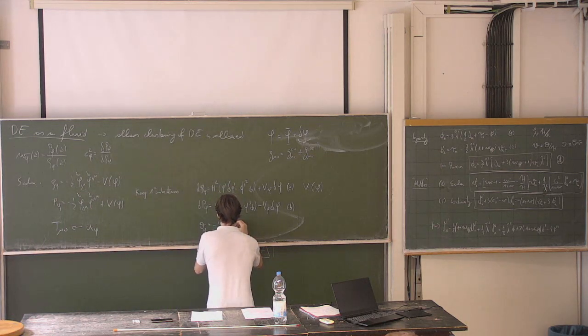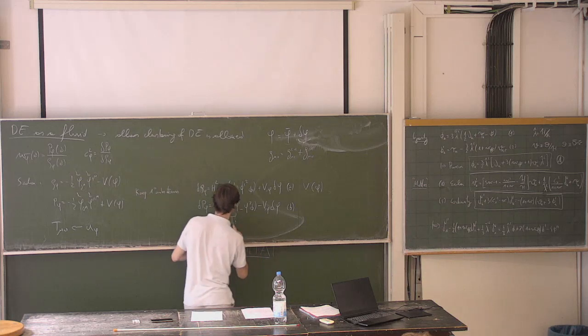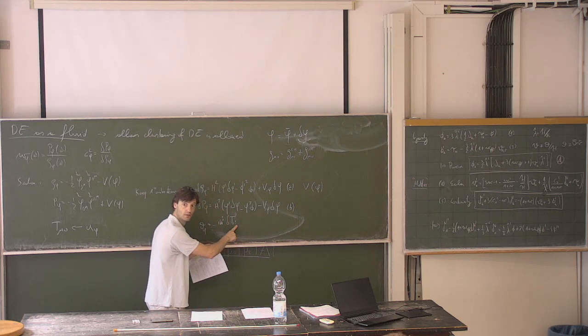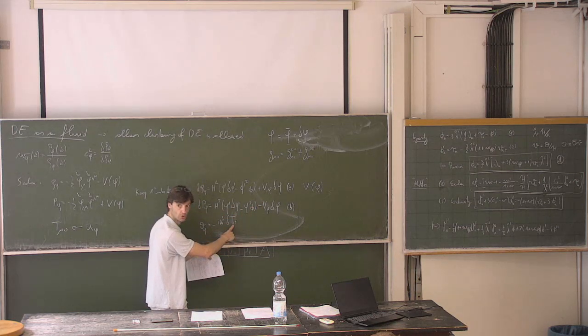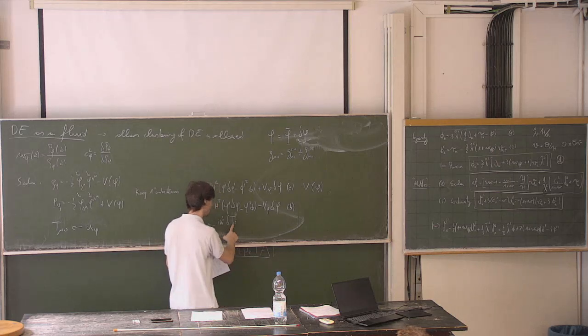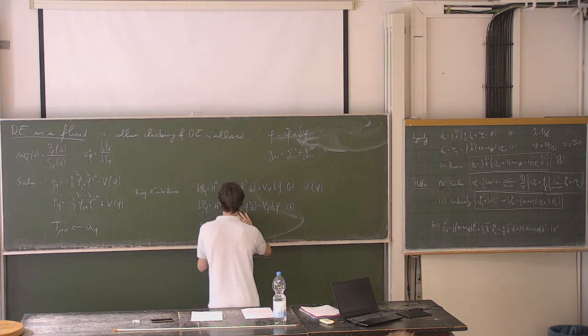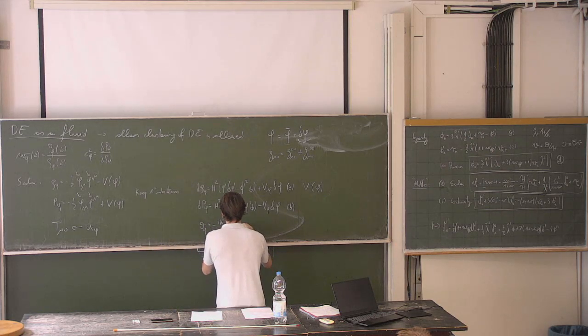So we get just from the zero component, 0E, okay? Remember that the continuity equation is the first row equation associated to the conservation of the energy momentum tensor. That's why we have 0E here, for our field, divided by 1 plus w field times rho field.